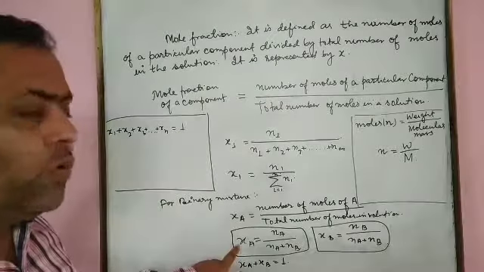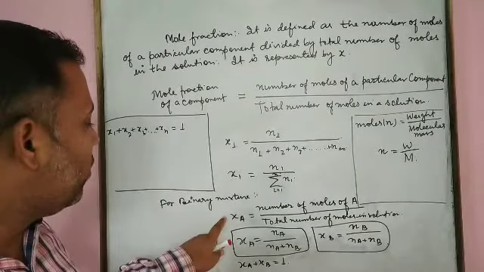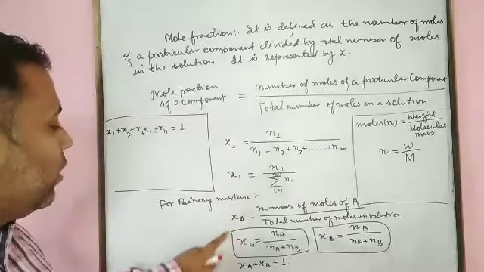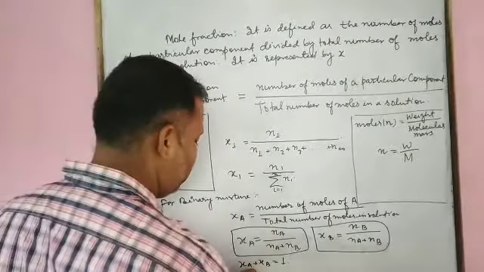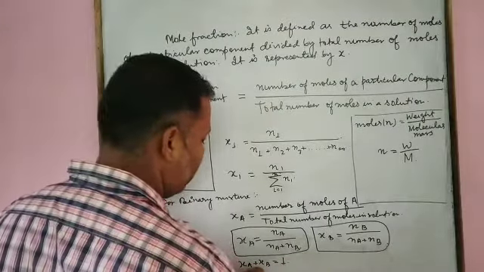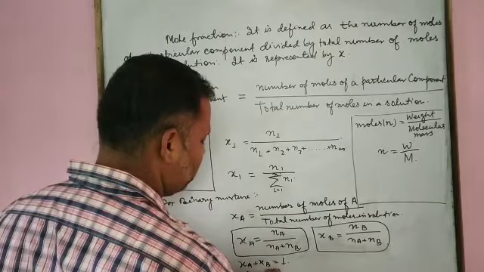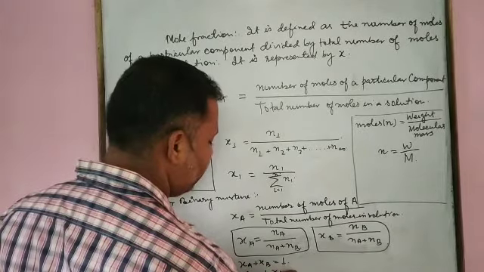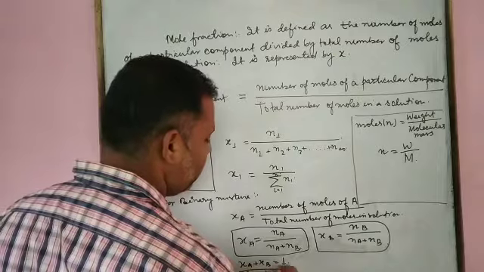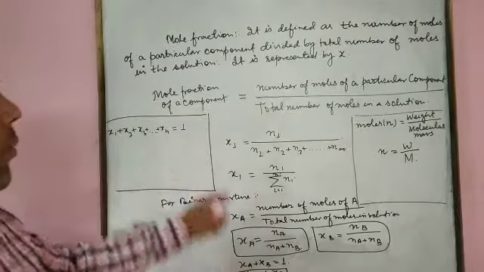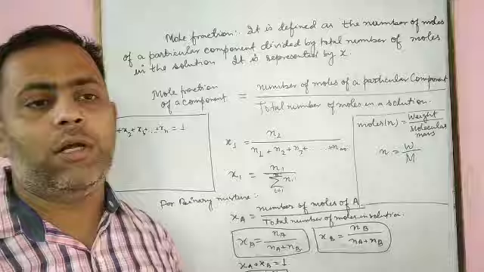If we have two components and we have the mole fraction of one component, then by subtracting, XA equals 1 minus XB. This is all about the mole fraction we have studied.